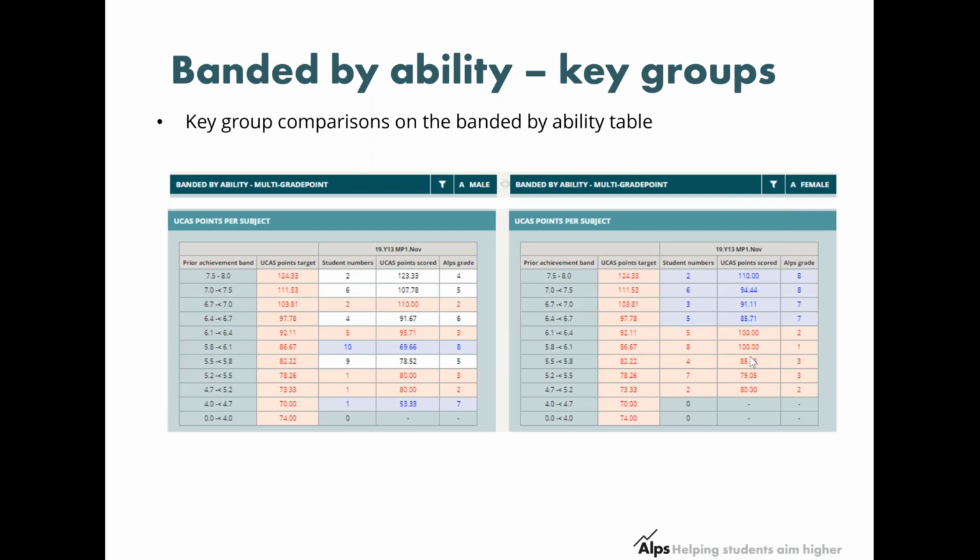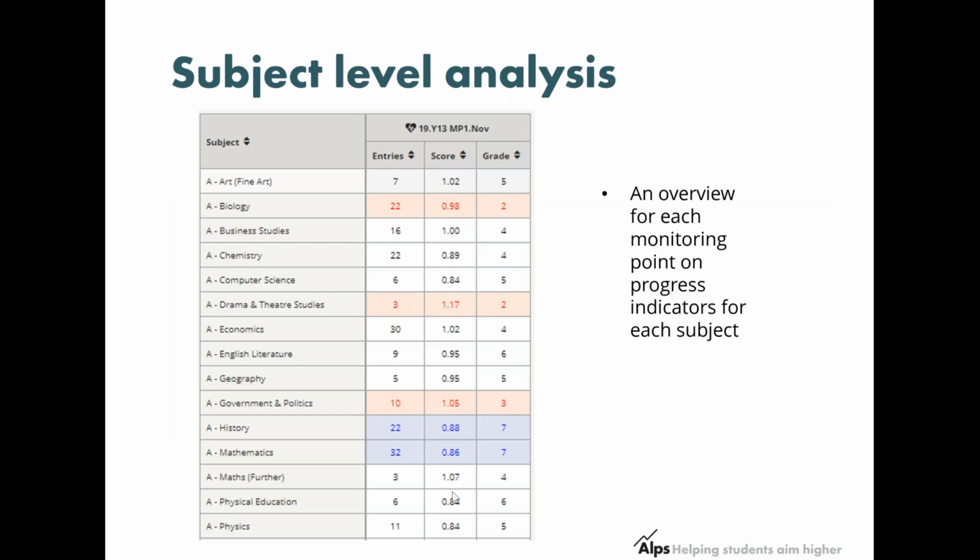Here's your subject breakdown. Now there's where your scores come into play. So you've got a biology score there, which is lower than 1.02, quite a lot of other departments, but the grading is higher because of that unique thermometer. Okay. So what you're going to look at there, this is a monitoring point, by the way.